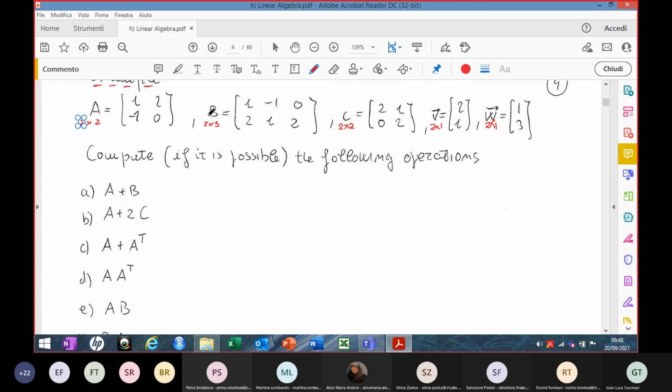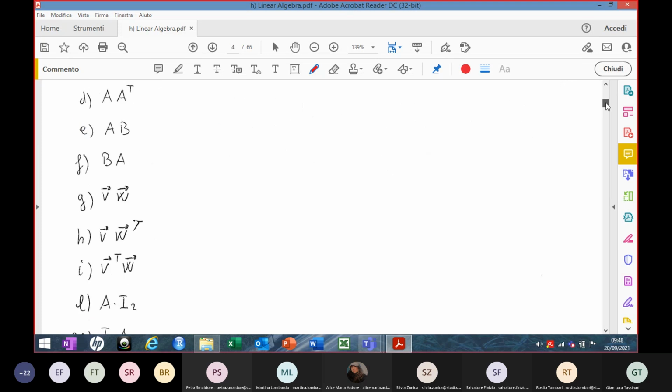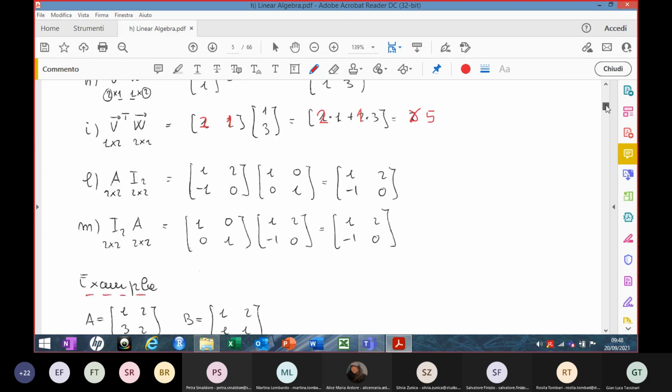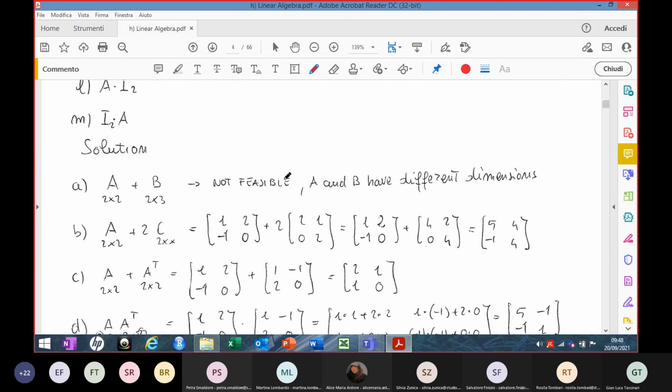A plus B is the sum of 2 matrices, but as I explained in the theory, the sum or the difference, which is essentially the same, is feasible if and only if the matrices involved have the same dimension. But A is a 2 times 2 matrix, B is a 2 times 3 matrix, so the sum is not feasible. Everything is written here, so you don't have to write it. So 2 times 2 plus 2 times 3, not feasible. A and B have different dimensions.